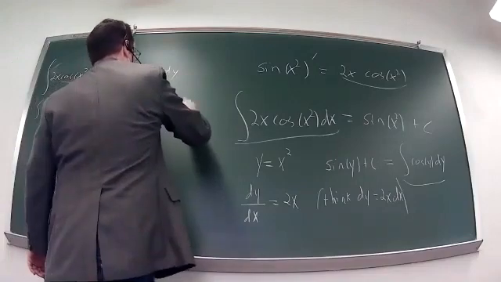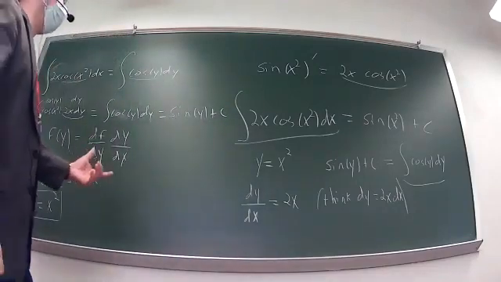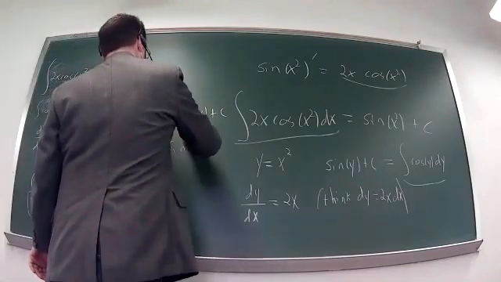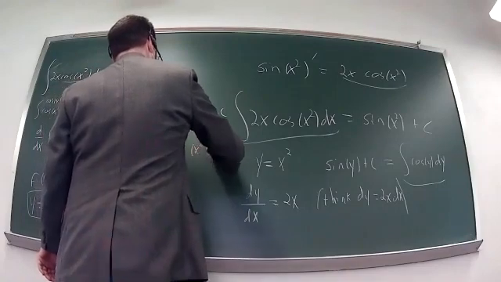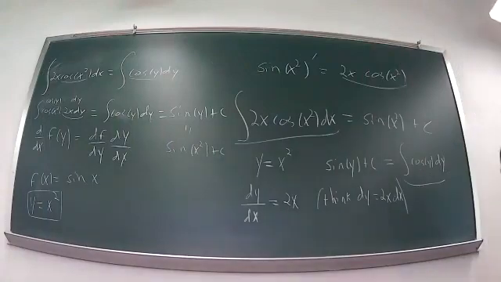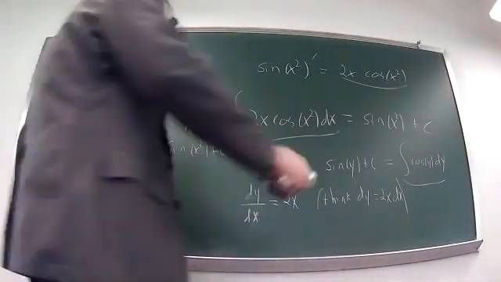You know the antiderivative of cosine is sine y plus c. And then to convert it back into variable x, you would just say sine of x squared plus c. So what I'm landing on is what we call the substitution rule.